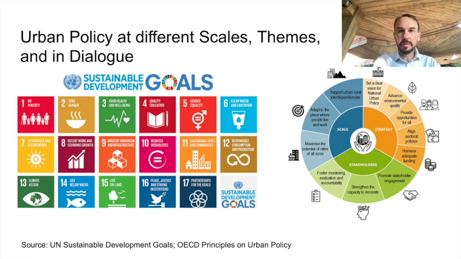For illustrative purposes, we decided to show the UN Sustainable Development Goals or the OECD principles on urban policies. Note that there's always an attempt to showcase the different scales, strategies, and stakeholders, as well as the themes, in a succinct manner.